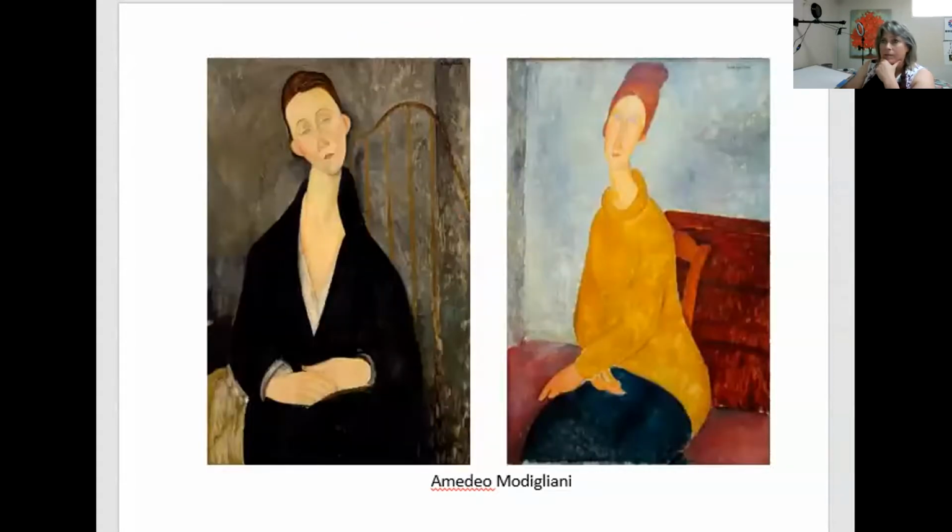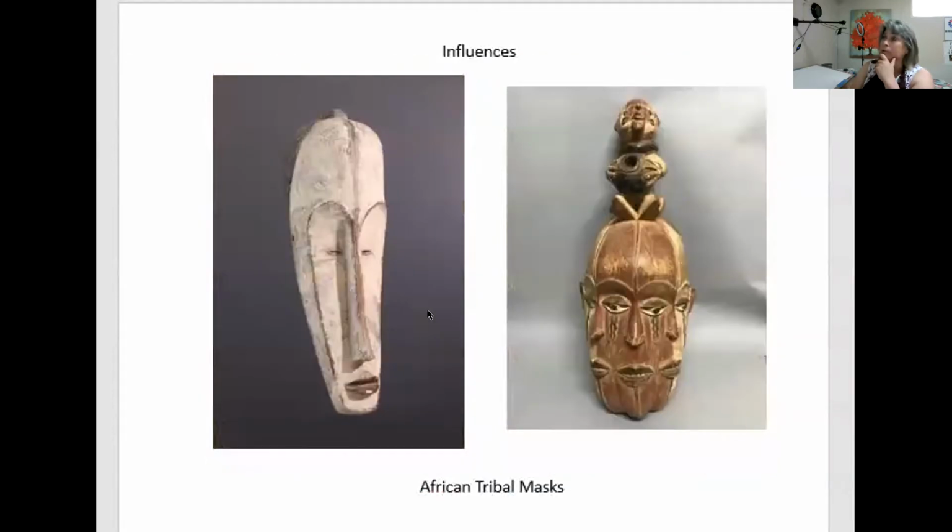Here's another view. The tilt to the head is kind of interesting too. Very often he has a tilted head, which creates some emotion within the portrait. One of the things about both Picasso and Modigliani is I think they both were exposed to African tribal masks.